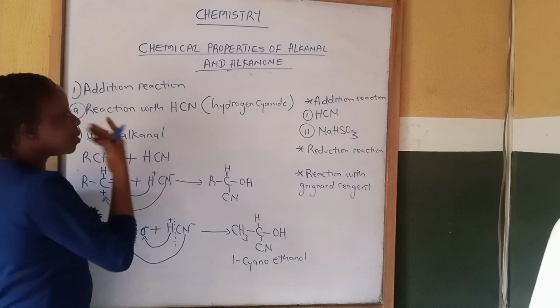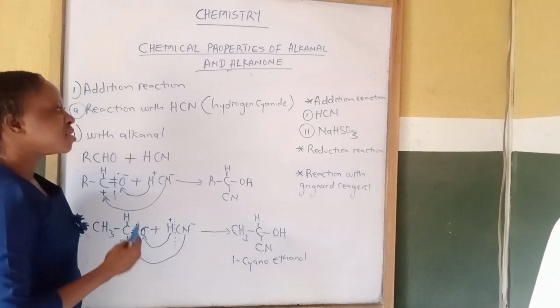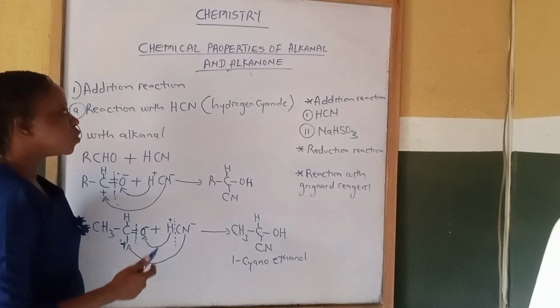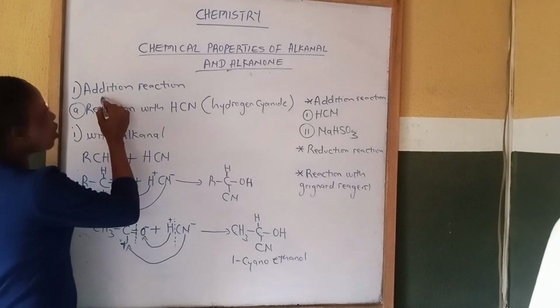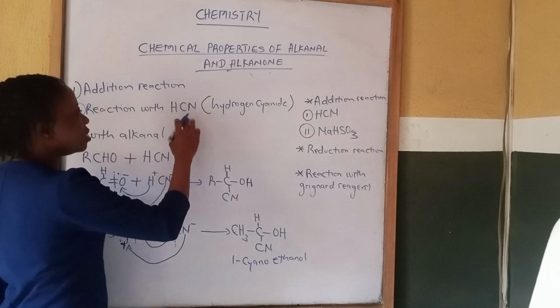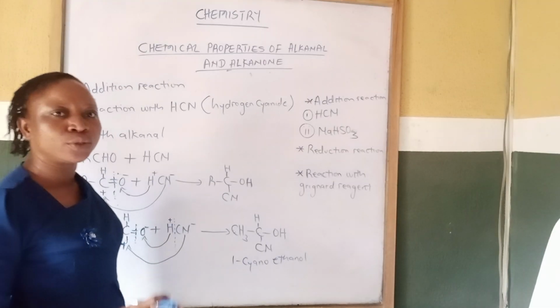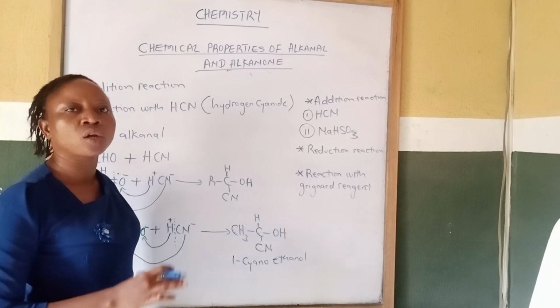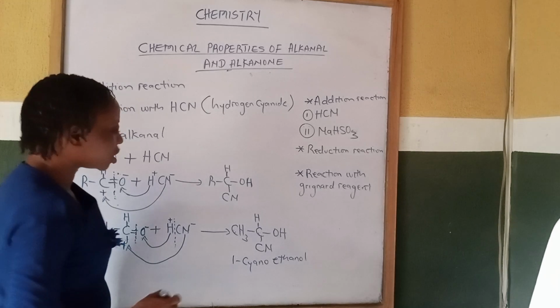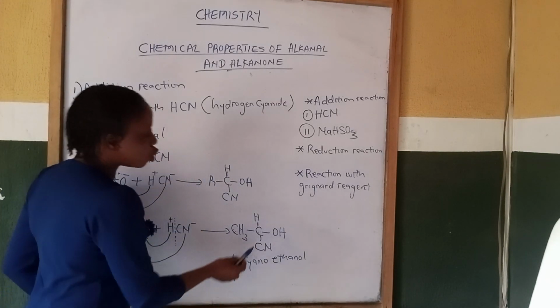Normally when hydrogen cyanide reacts with alkanal and alkanone, it will give us what we call cyanohydrin.